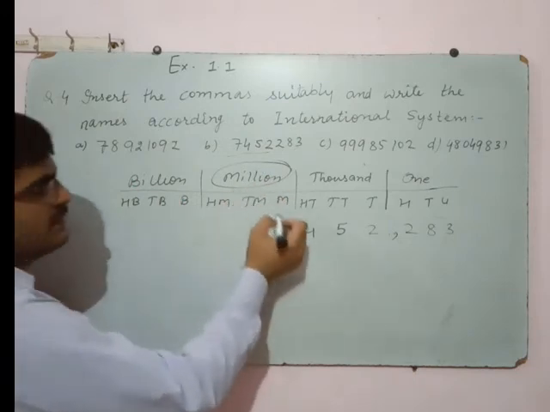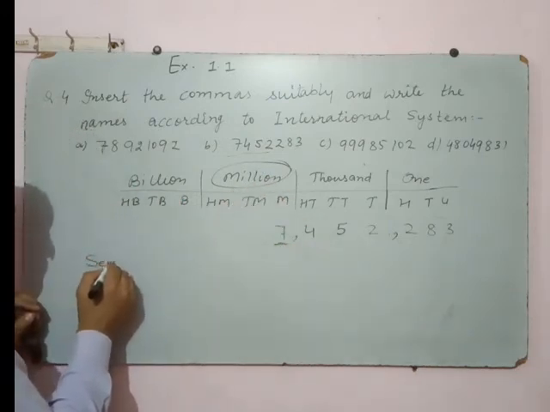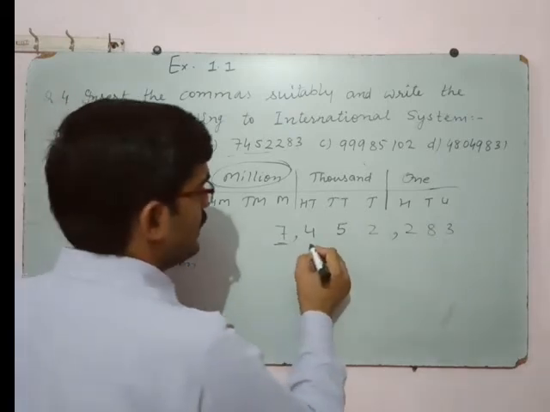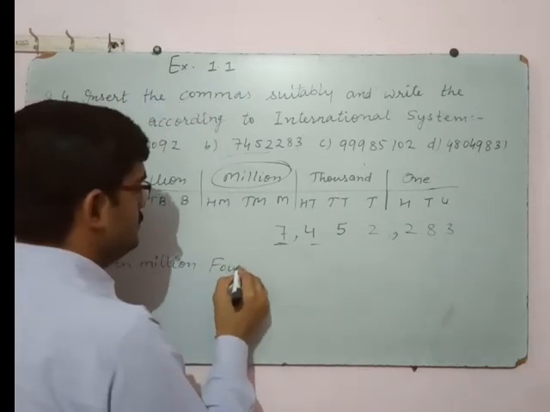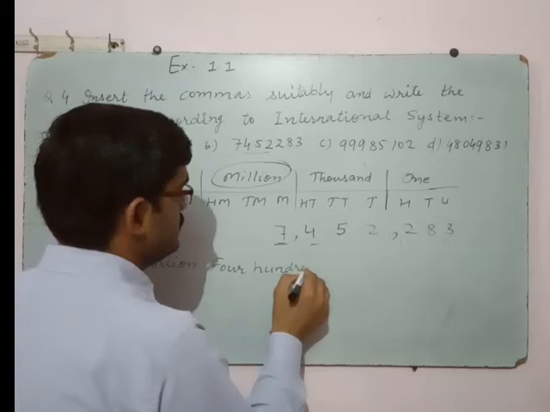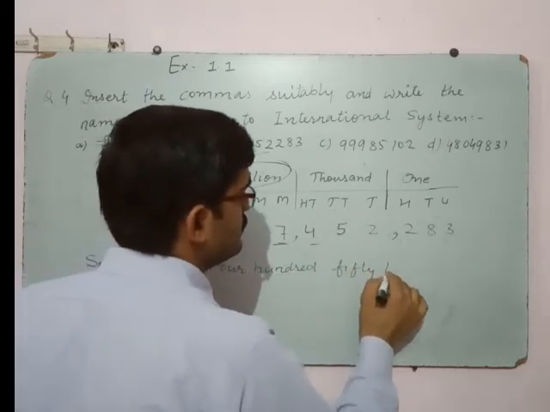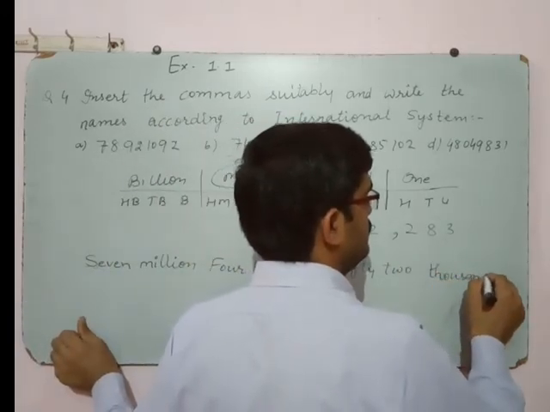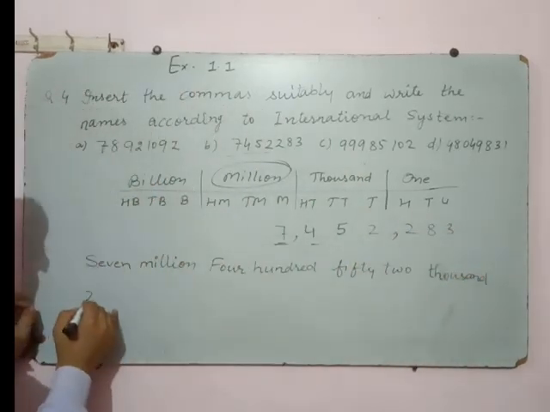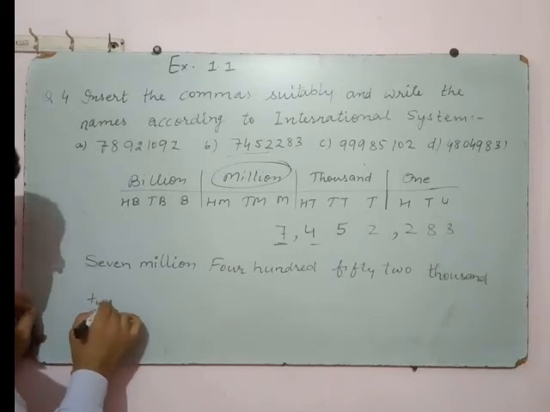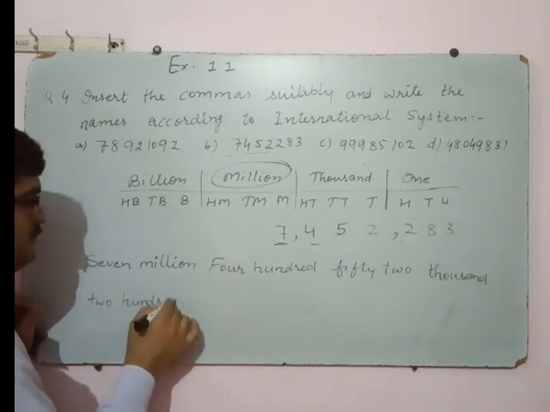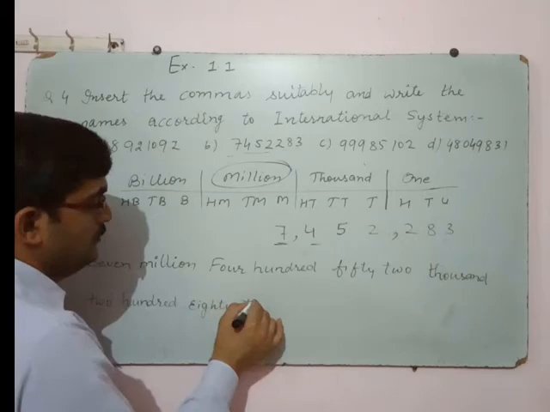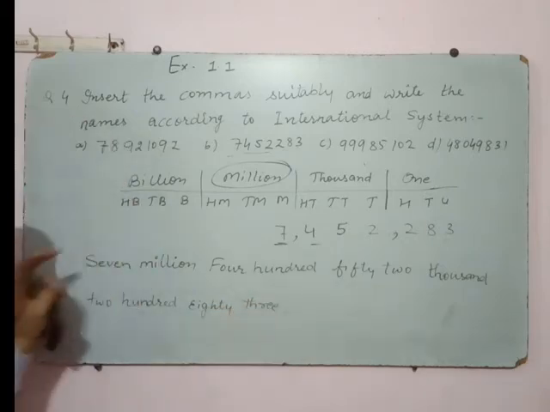Okay, so in million place, what is 7? 7 million. 452,000. 283. Okay, this is the commas.